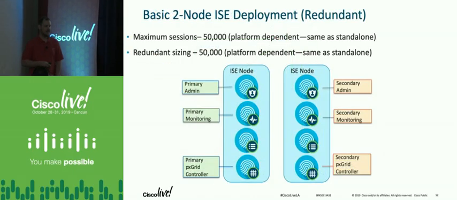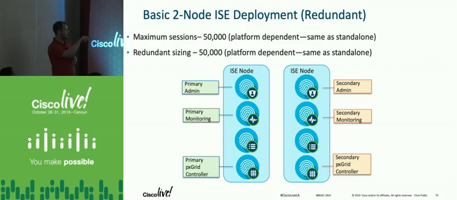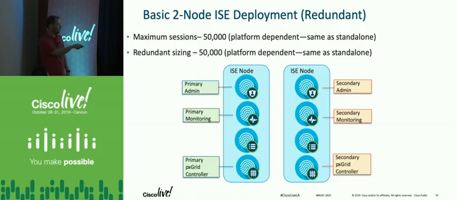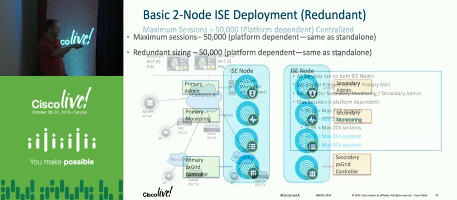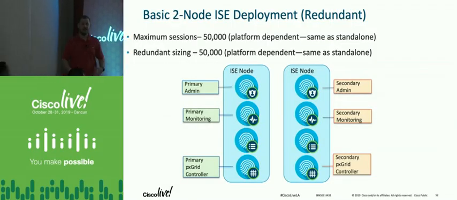Now let's take a few examples. So a basic 2-node deployment that's redundant is going to kind of look like this. All-in-one, primary admin, primary monitoring, primary PSN, and PXGrid all running on a primary and a secondary node. Now, this doesn't say primary, secondary, because in this deployment, this can be active-active from a PSN point of view.